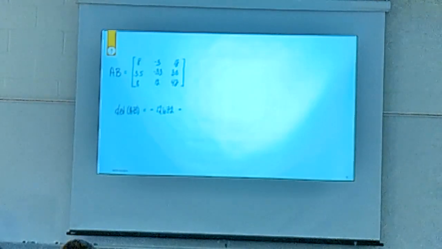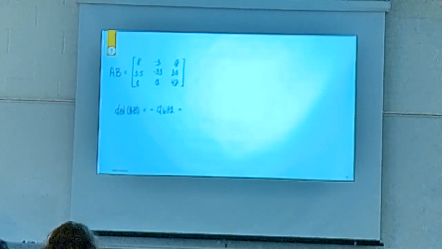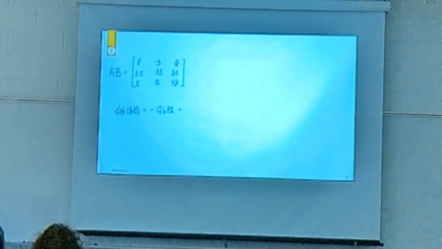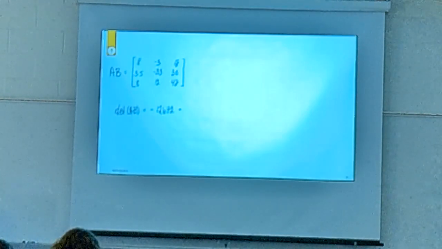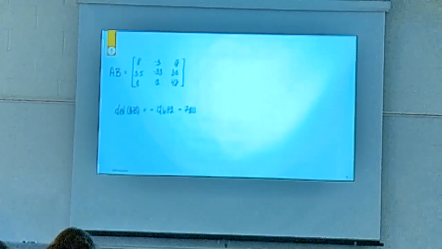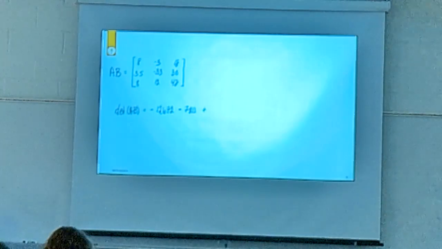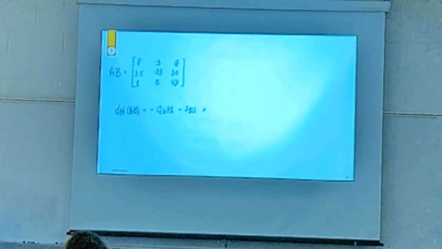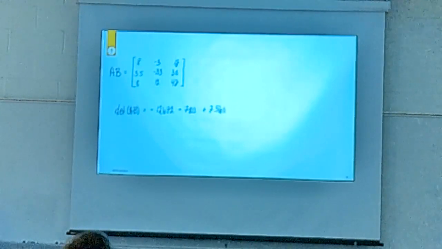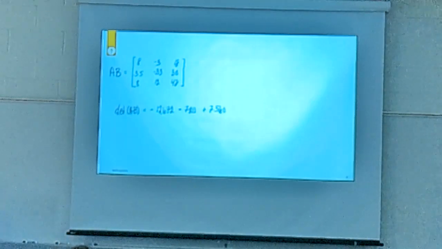What's 9 times 8? 72 times 10, 720. This will be plus 18 times 35 times 12. 7,560.